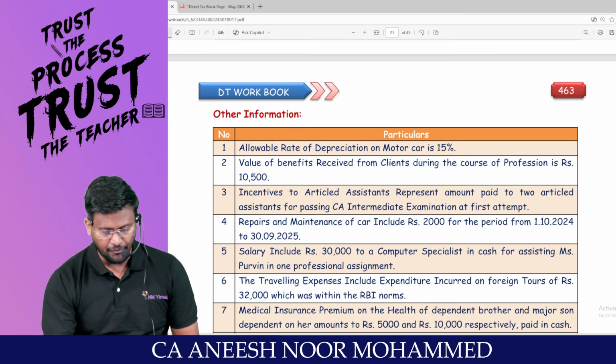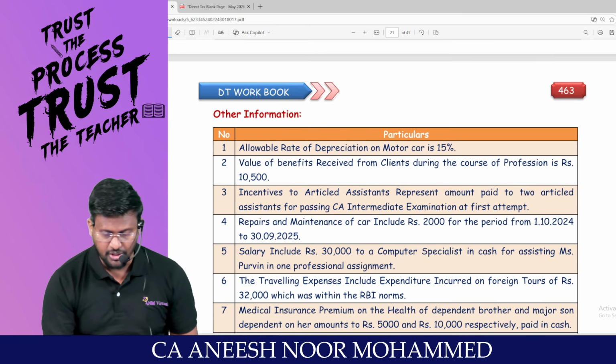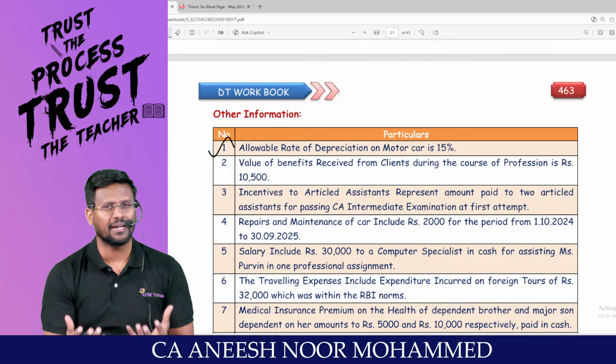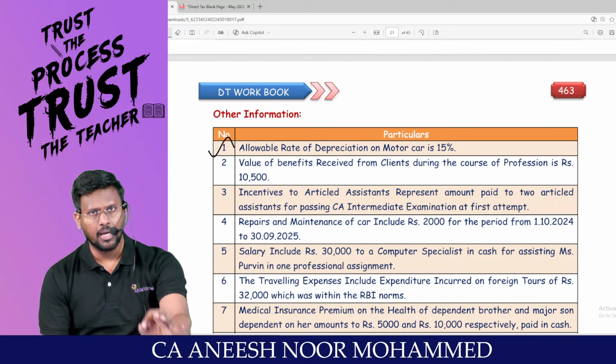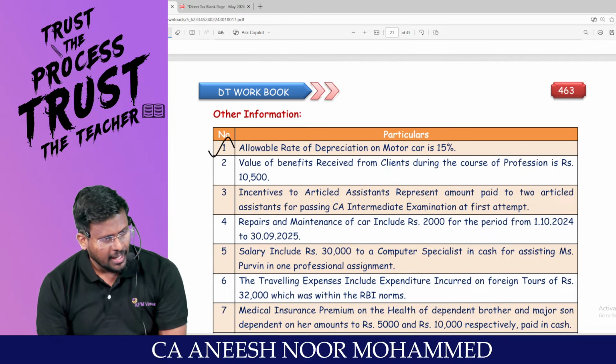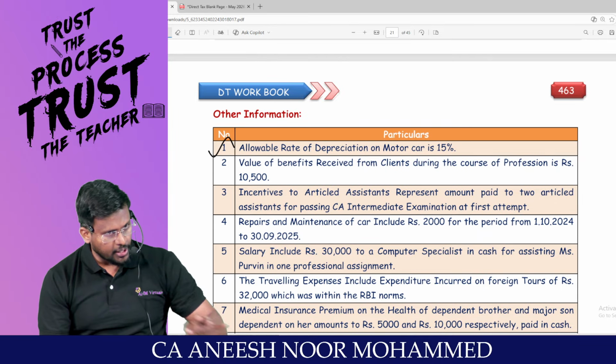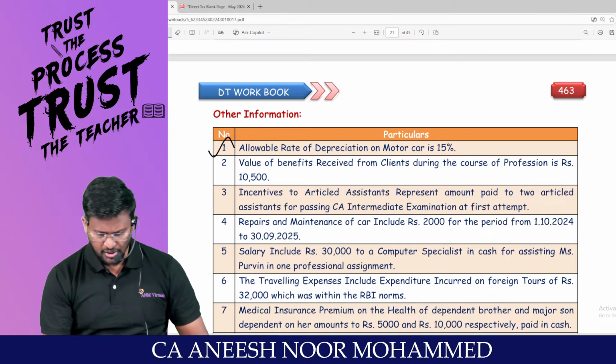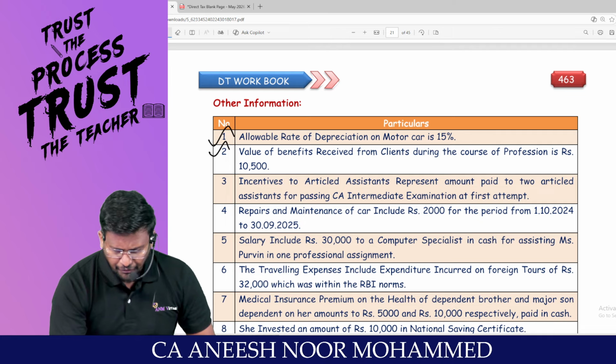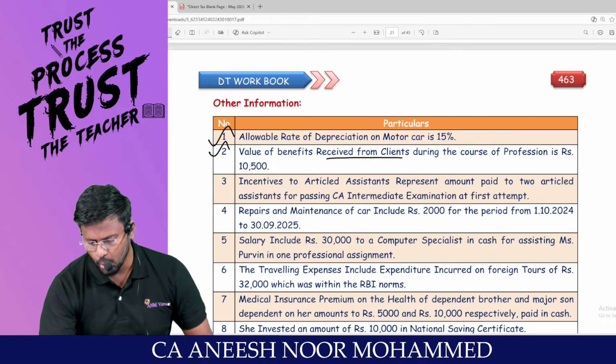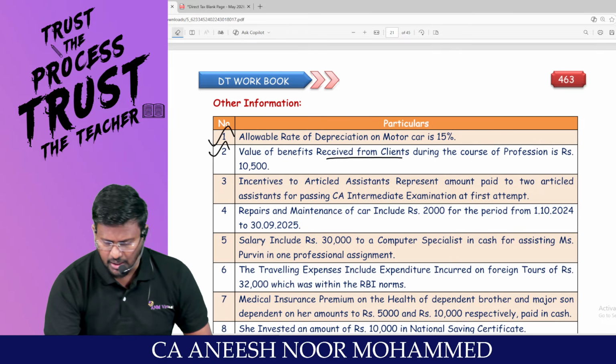That's it, man. Other information. Allowable rate of depreciation on motor car is 15%. We need that info because for motor car, the amount debited to P&L account should be added back and we have to reduce the depreciation. Value of benefit received from client during the course of profession is 10,500.